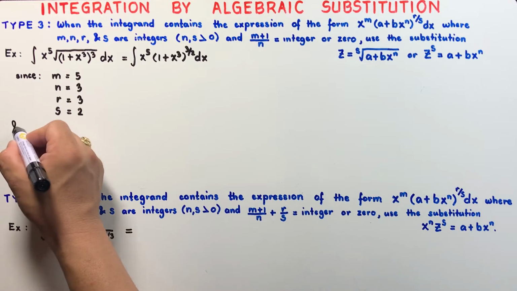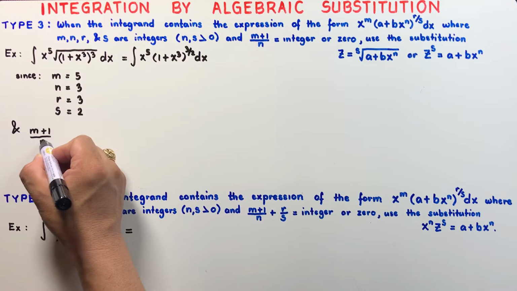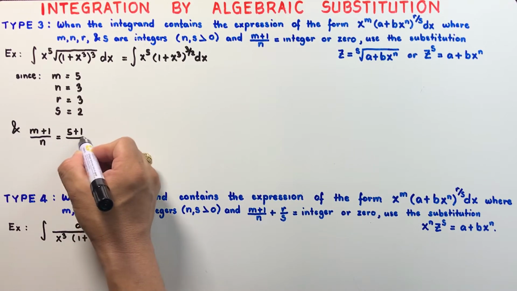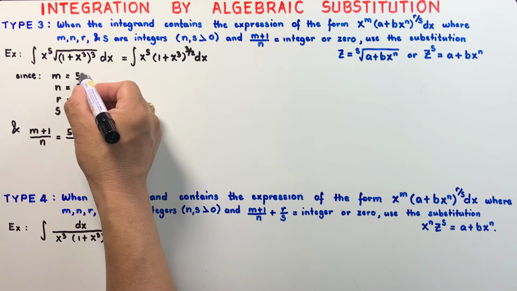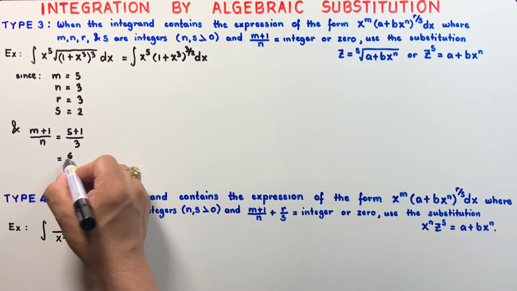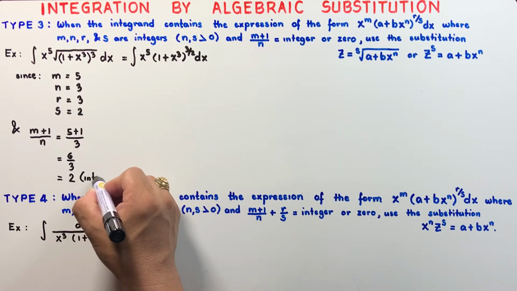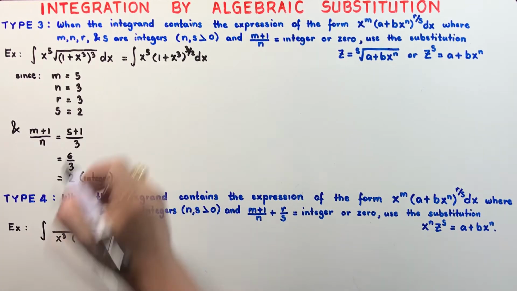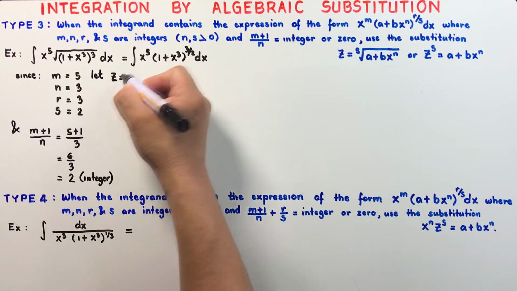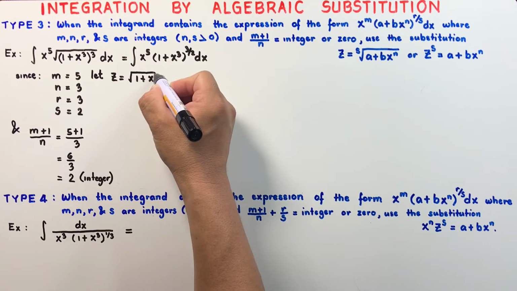We also notice that m plus 1 over n is equal to 5 plus 1 over 3, because our m is 5 and our n is 3, and this is equal to 6 over 3, and the result is an integer here. Therefore, we can use our substitution z, which is equal to the square root of 1 plus x cubed.